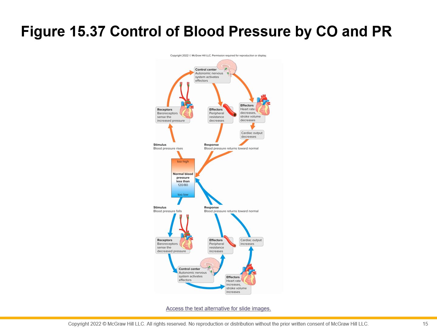They will send messages to the cardiac center in the medulla oblongata and as well to the hypothalamus, to control and regulate the high blood pressure. So the cardiac center is going to stimulate the parasympathetic system. It's going to inhibit the SA node and AV node and decrease the heart rate.